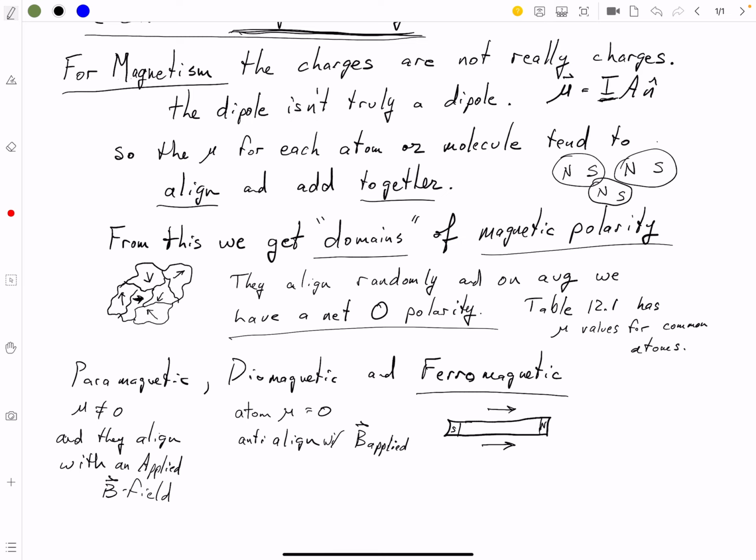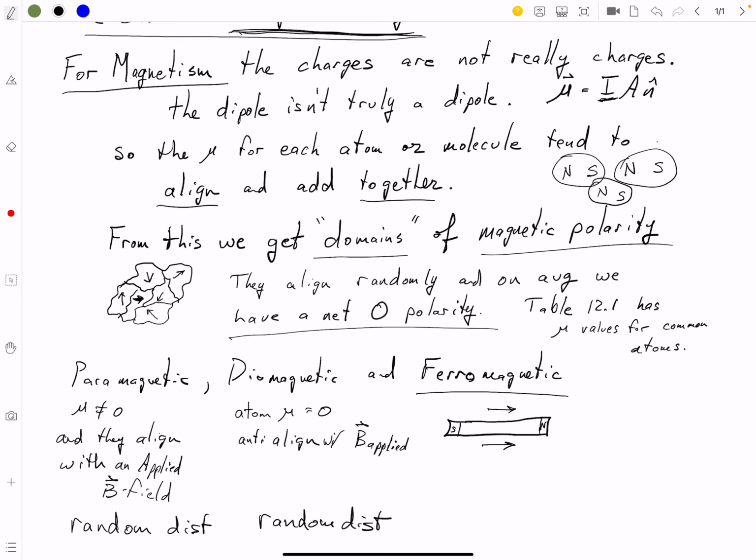They really want to align. And then not only do they align, they don't go back to random. Once that applied B field is removed, paramagnetics will quickly go back to a random distribution. Diamagnetics quickly go back to a random distribution.